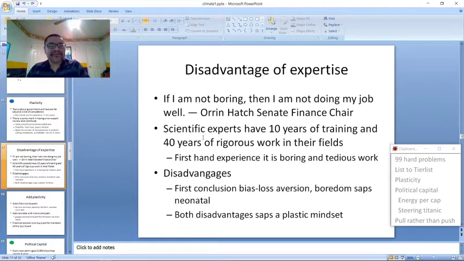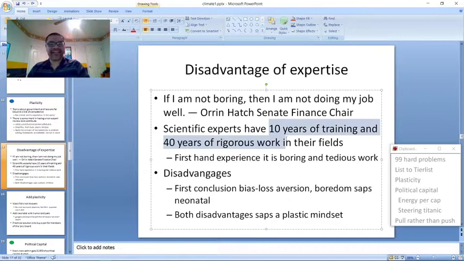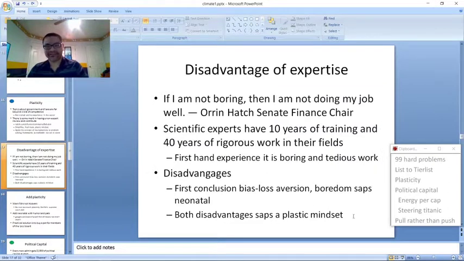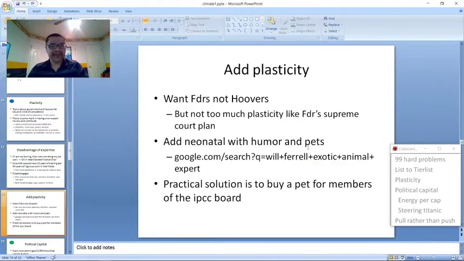So the scientists that have risen to the top of their fields have 10 years of training and 40 years of rigorous work. This detracts from the plastic mindset, and it saps the neonatal that's connected to the plastic mindset.